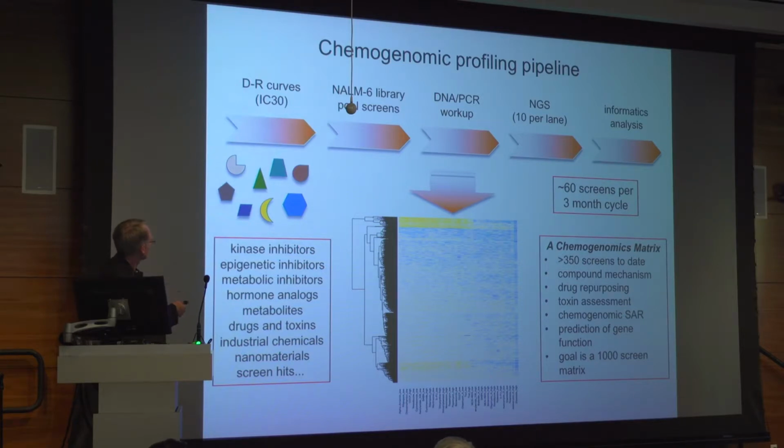We start with these pools that we then split into about 60 cultures per cycle. We grow the cells for 8 days in the presence of the drug, so about 8 population doublings, and run it through our workup pipeline. And this is the current summary, this huge matrix of gene-drug interactions.